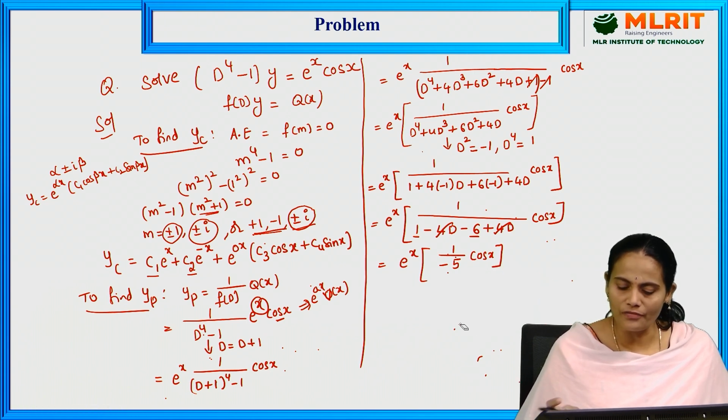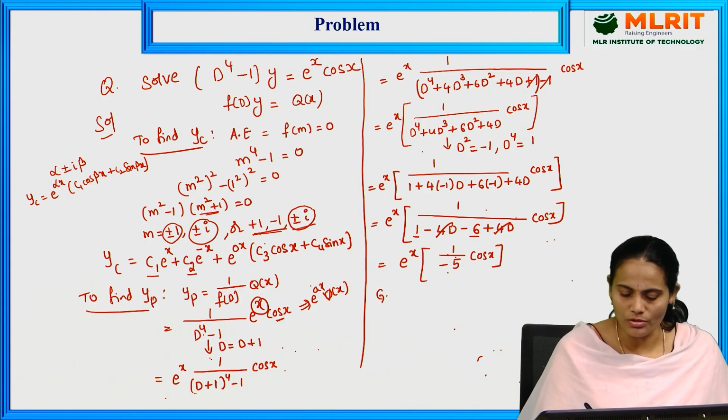Now we have to write the general solution. The general solution is y equal to yc plus yp.